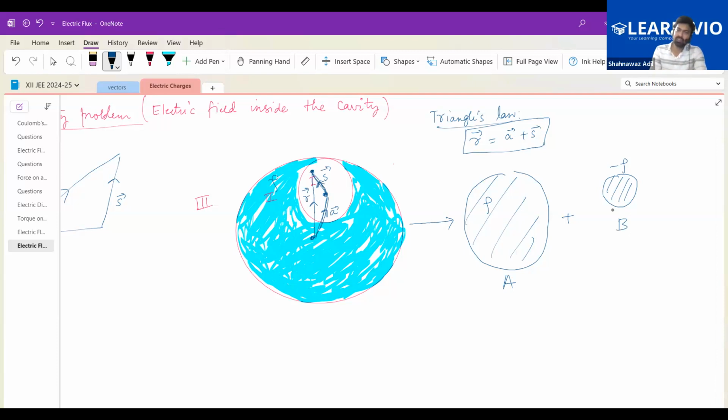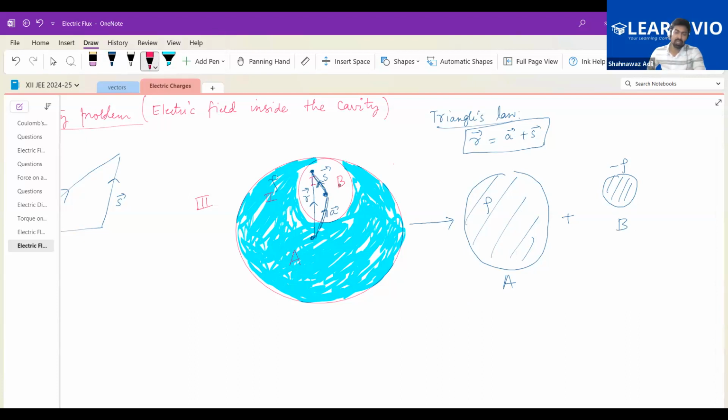There are two spheres, which means there would be two contributions, right? One would be due to this bigger one A, and the second one due to this B. Clear, guys?